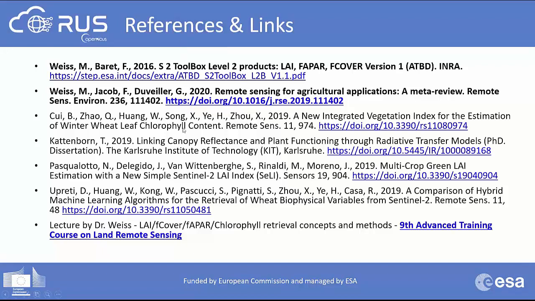The other papers are also very useful. For example, here you have the link to the algorithm theoretical basis document, where you can learn about exactly how the algorithm performs the extraction and so on.